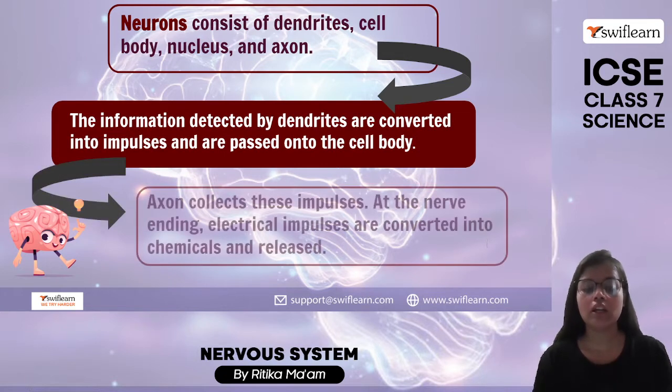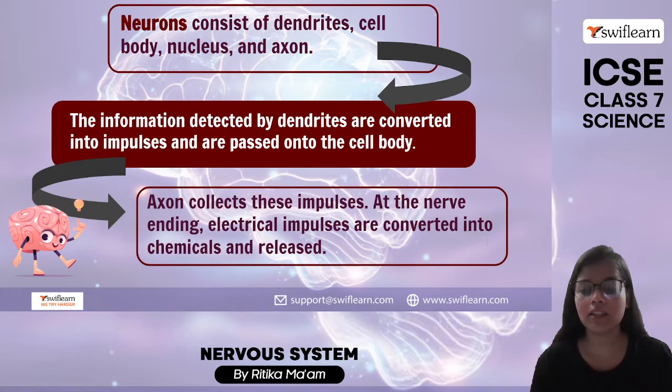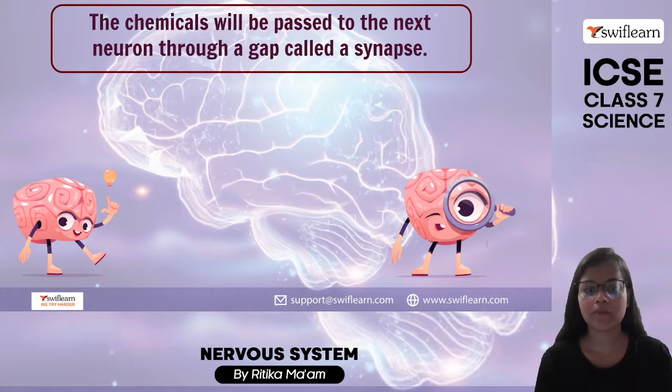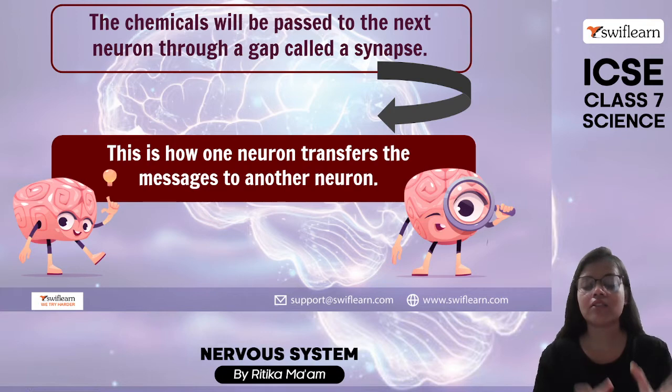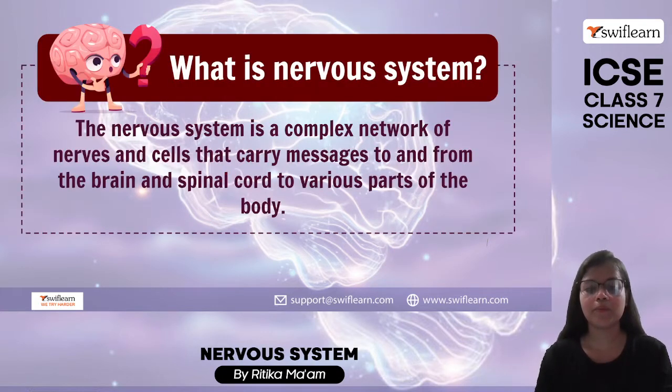From the cell body, the axon collects the impulses, and at the nerve ending, these electrical impulses are converted into chemicals and released. These chemicals are passed to the next neuron through a gap or joining called synapse. And from the synapse, one neuron transfers the information or the message to another neuron.